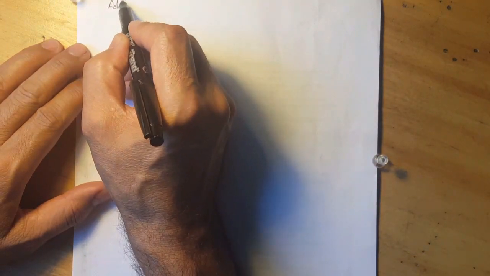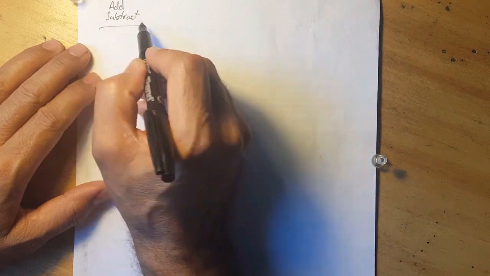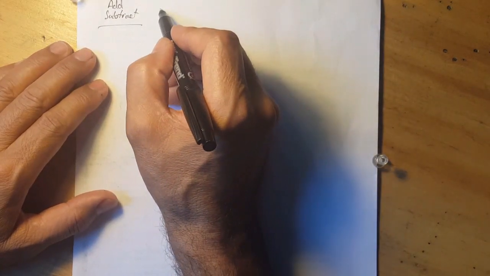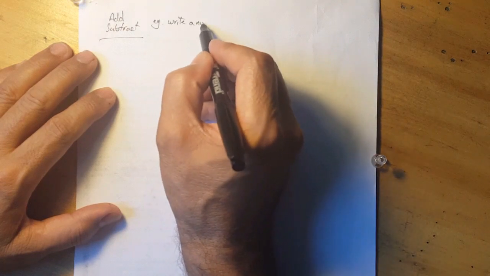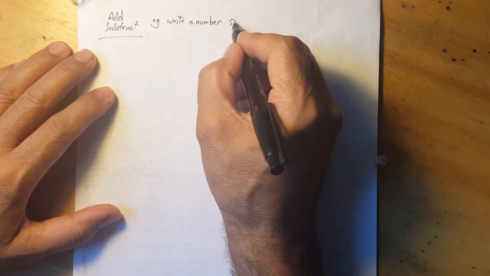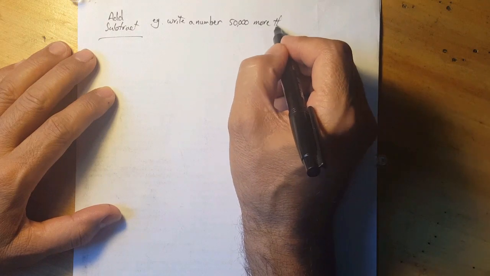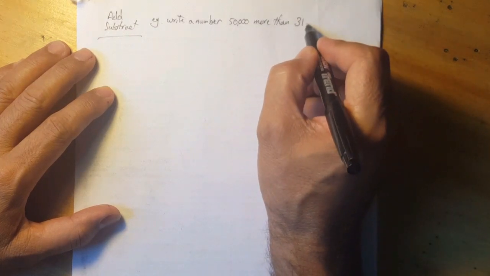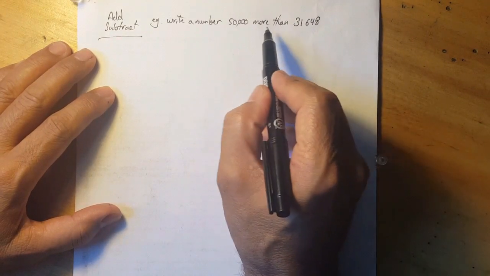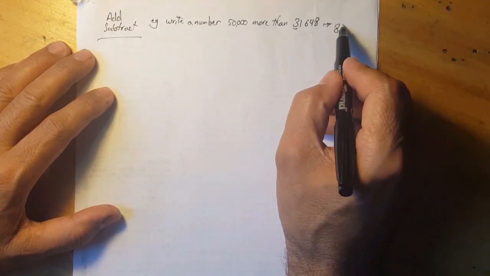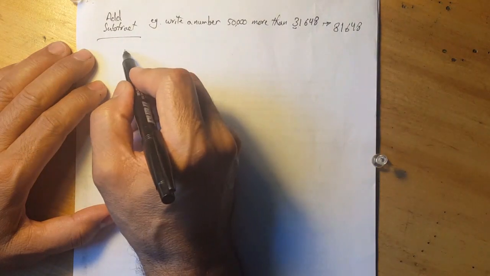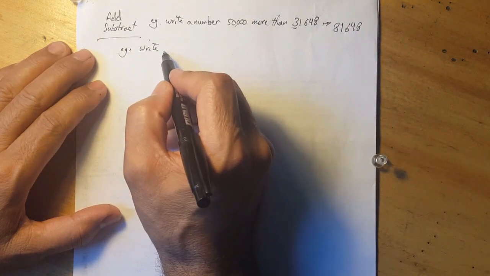The next one is using place value in adding or subtracting. We give you a few examples. For example, write a number 50,000 more than a certain 5-digit number, such as this. We look at the group of 10,000, which is 3, so we add 5 to 3, so it's 81,648.